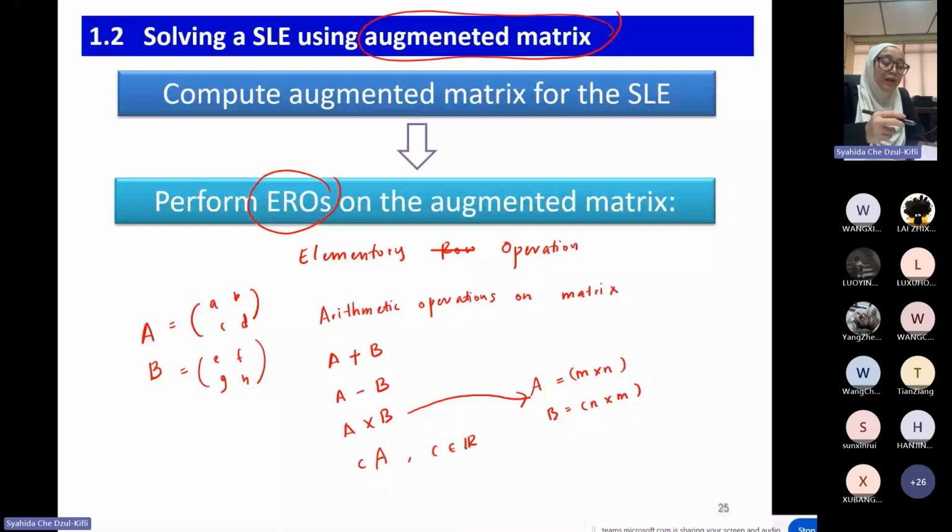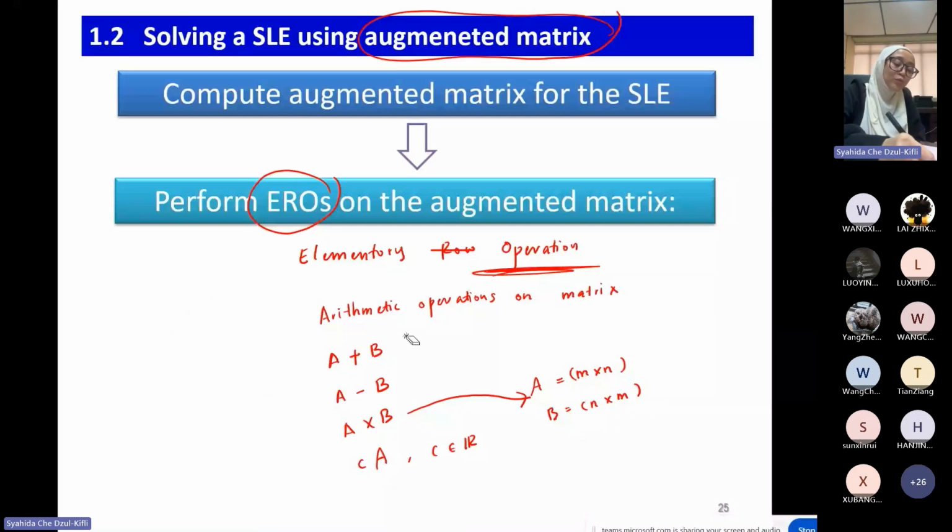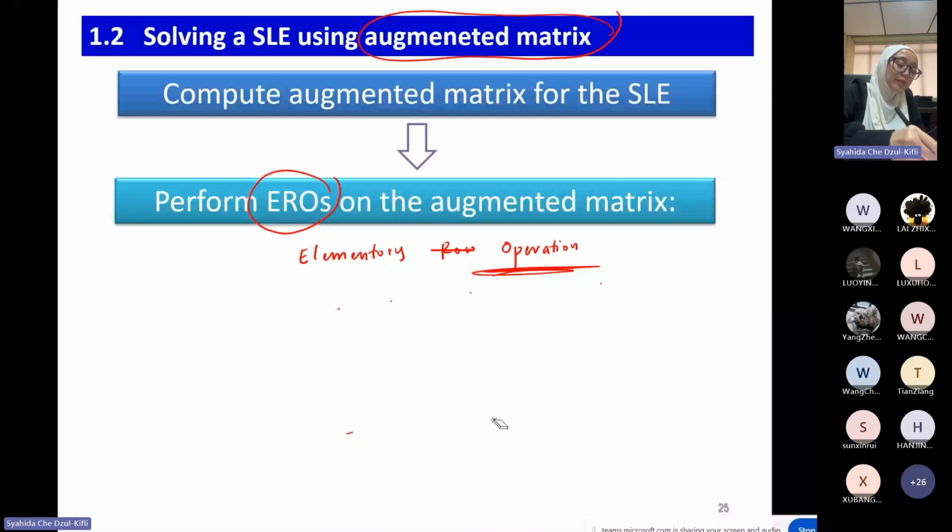But now we are going to introduce a very special operation on matrix. We call it elementary row operation. Basically, after we get the augmented matrix of the system of linear equations, we perform some elementary row operations.